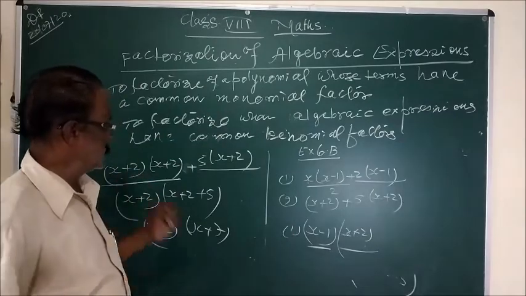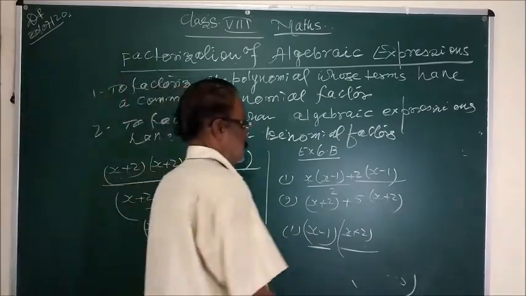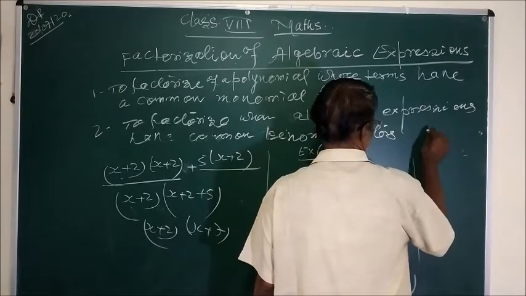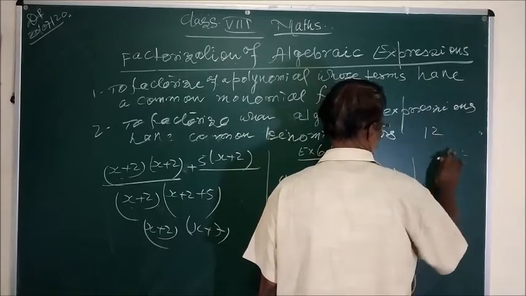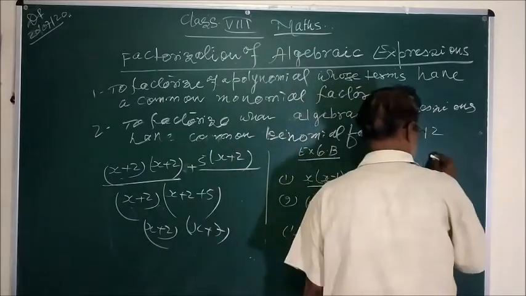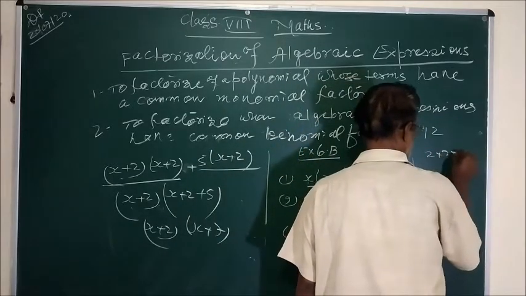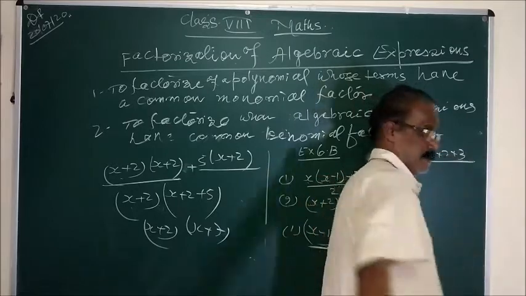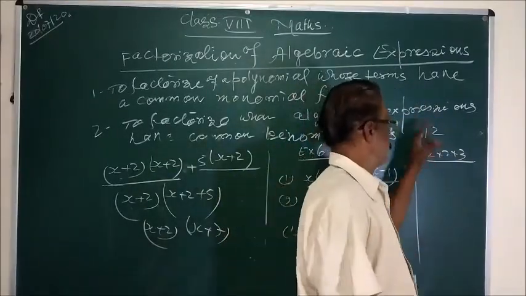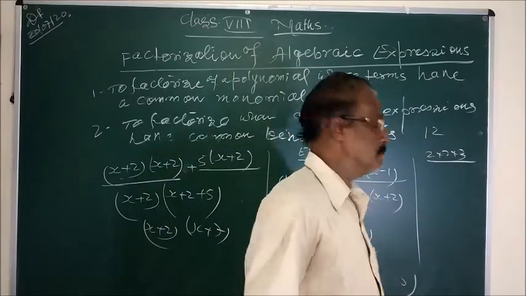I have already explained. Suppose 12 is a number, and if I ask you what are the factors of 12, you find the factors 2 into 2 into 3. These numbers can divide 12.